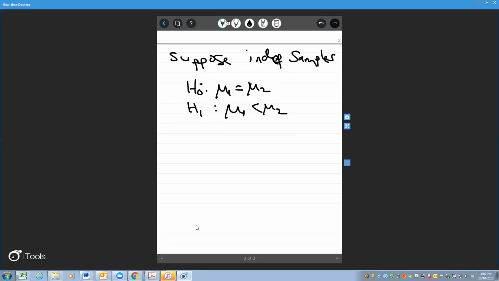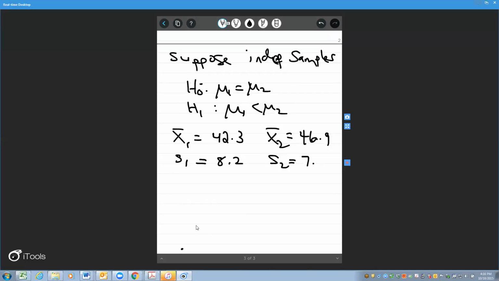And I tell you that the sample 1 average is 42.3, and the sample 2 average is 46.9, and that S1 is 8.2, and S2 is 7.3, and that N1 is equal to 24, and N2 is equal to 22.